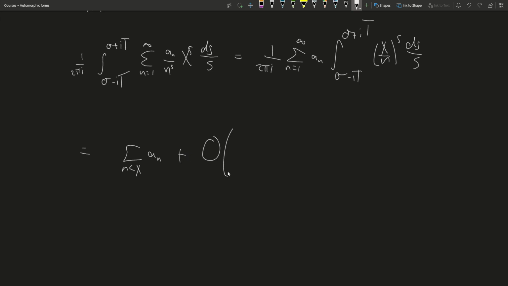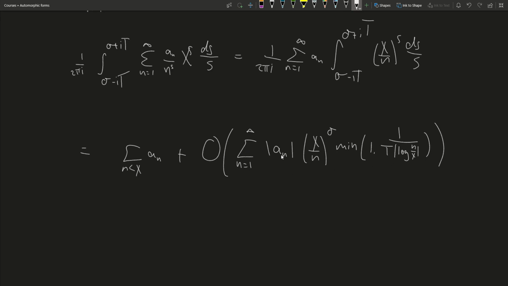So the error term is going to be big O of the sum n equals 1 to infinity of, say, absolute value of a_n, times x over n to the sigma, and then we have min of 1 over t absolute value log n over x. And here it's x over n, but because of the absolute value, we can flip the log over, and it's a little bit more convenient to write it this way.